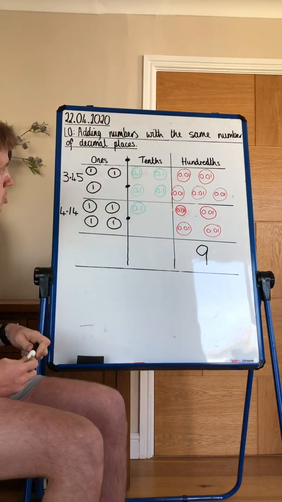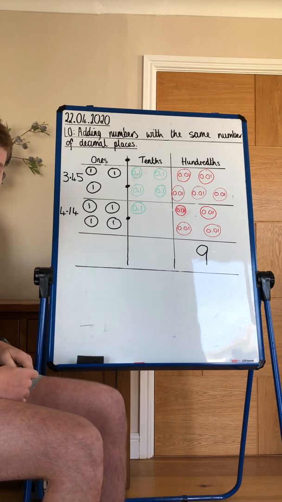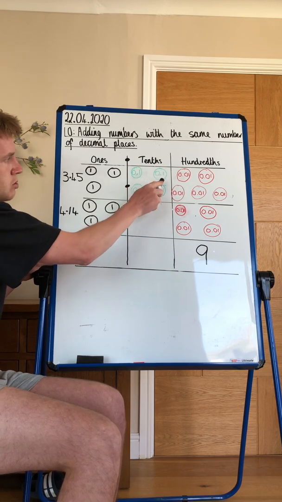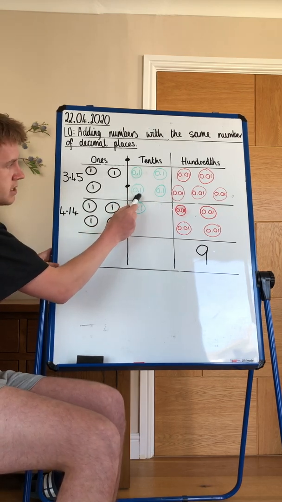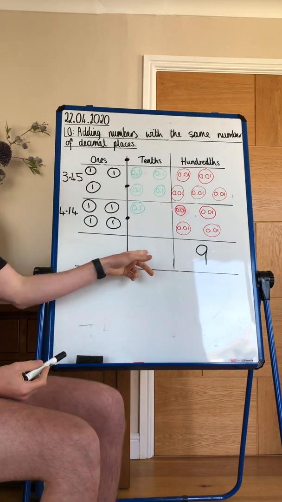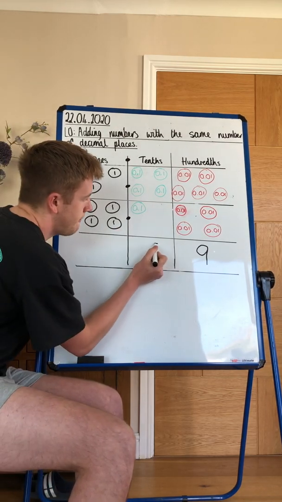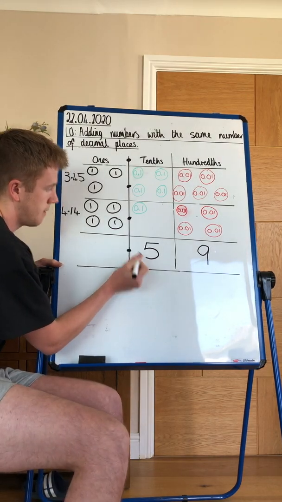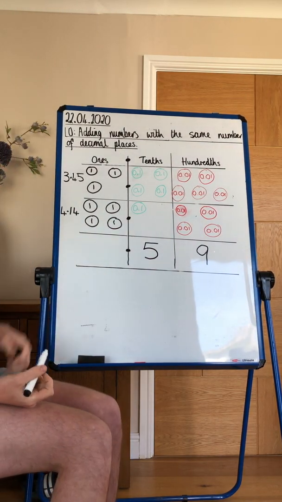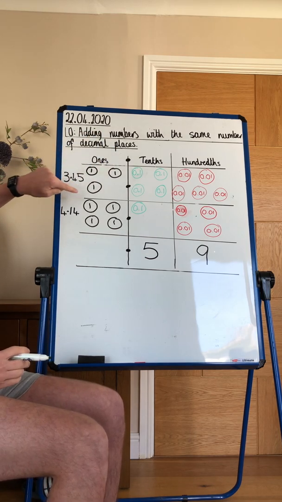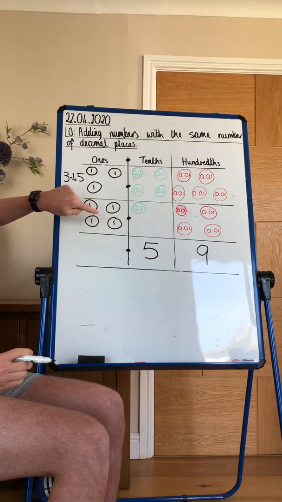Okay, now we're going to move over to our tenths column. In the tenths column, we have 1 tenth, 2 tenths, 3 tenths, 4 tenths, and 5 tenths. So at the bottom, we're going to write 5 tenths. Okay, and then we need our decimal point here. And all together, in the ones column, we have 1, 2, 3, 4, 5, 6, 7.